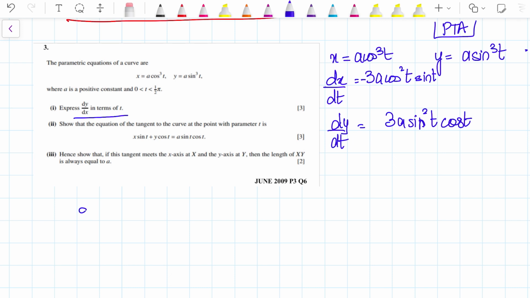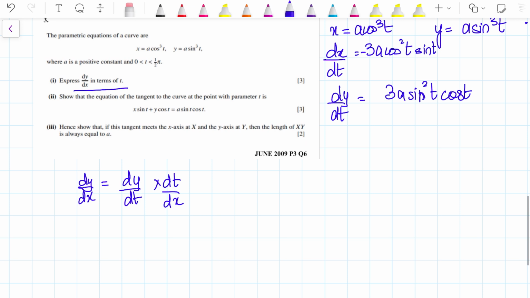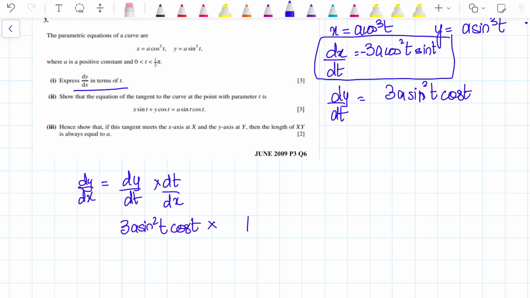Now, what is dy upon dx? Dy upon dx is equal to dy upon dt into dt upon dx. Dy upon dt is 3a sine square t cos t, multiplied by dt upon dx, the reciprocal of this.